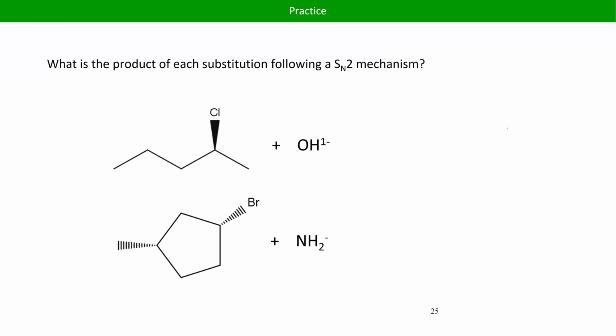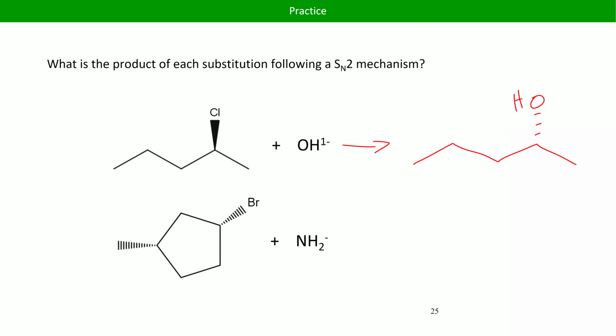So basically what's gonna happen is the chlorine pops off and you attach the hydroxide sticking into the board. Which, since in both cases the chlorine is the number one priority and we're replacing it with the oxygen, that becomes the number one priority.